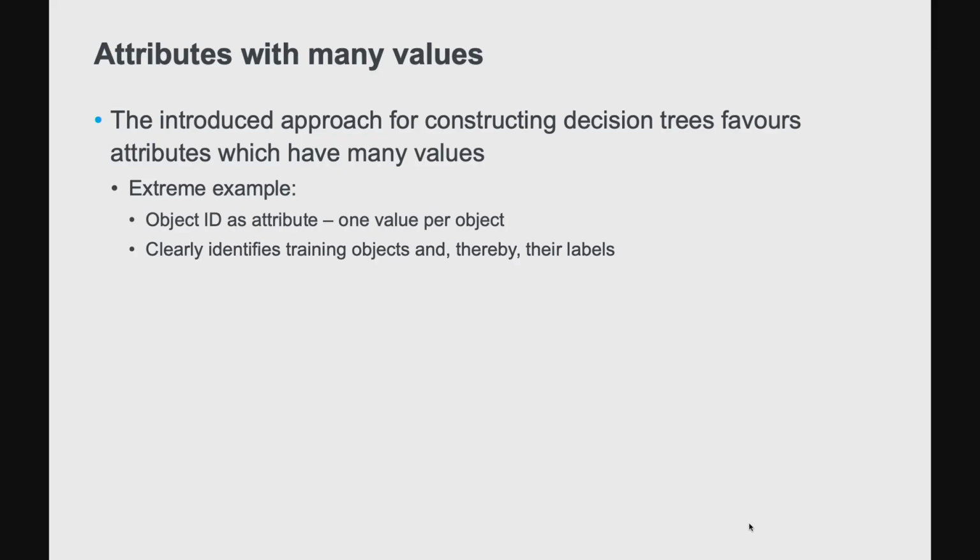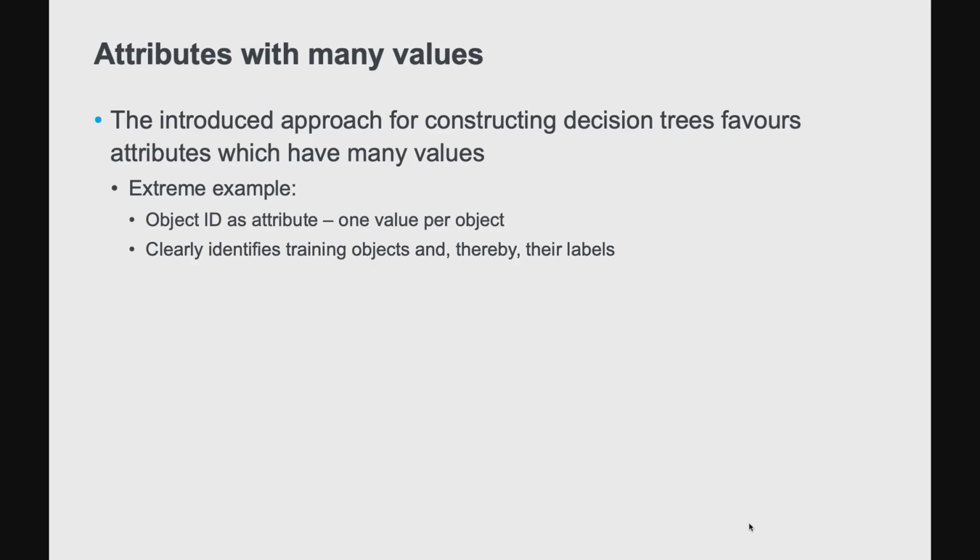Then for 100 training examples we have 100 identifiers. Obviously, if we put all of them into a separate node, we'll have a perfect classification. That will not be a good classification, right? It is not a very good property of the tree to have a fan out of 100 at this point. And of course, this particular attribute would also not lead to any reasonable classification.